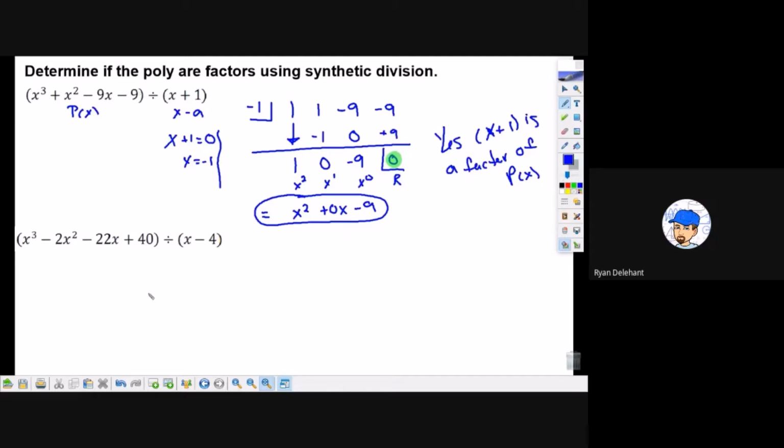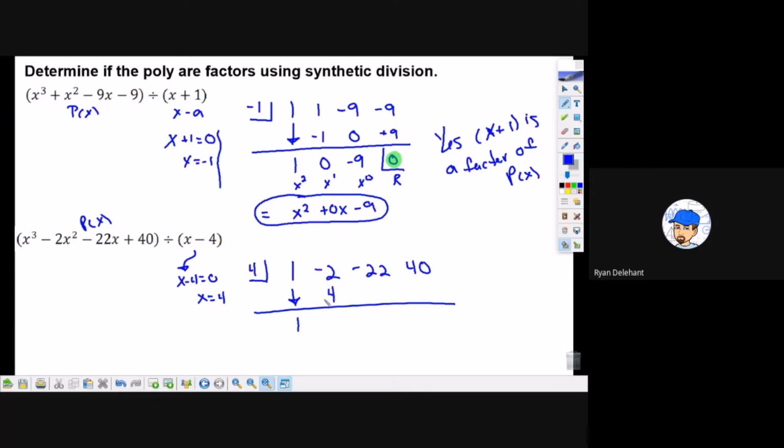Let's try the next one. Coefficients. 1, negative 2, negative 22, and 40, because this is our p of x this time. Let's figure out our number. We'll solve that. We get 4. Pull our first number down. So that one's 1. 1 times 4 is 4.